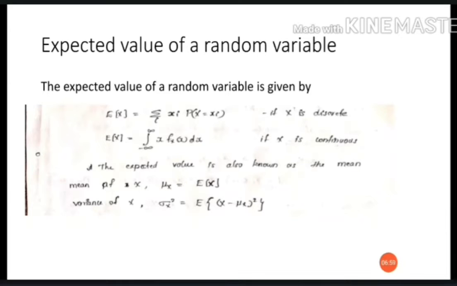The expected value of a random variable, which we call the mean, is denoted E of x or mu, equal to the sum of x i times P of X equals x i for discrete. For continuous, E of x equals the integral from minus infinity to infinity of x fx of x dx.